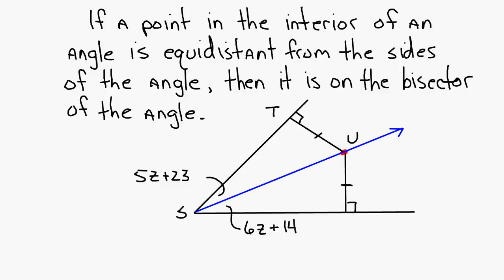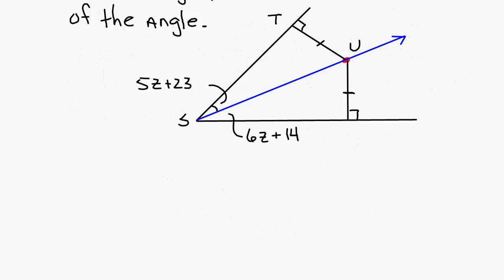So you know from the theorem that if this point is the same distance from both sides, it's on the angle bisector. If it's on the angle bisector, then these two angles are congruent. And if the expressions represent those angle measures, then 5z plus 23 is equal to 6z plus 14.